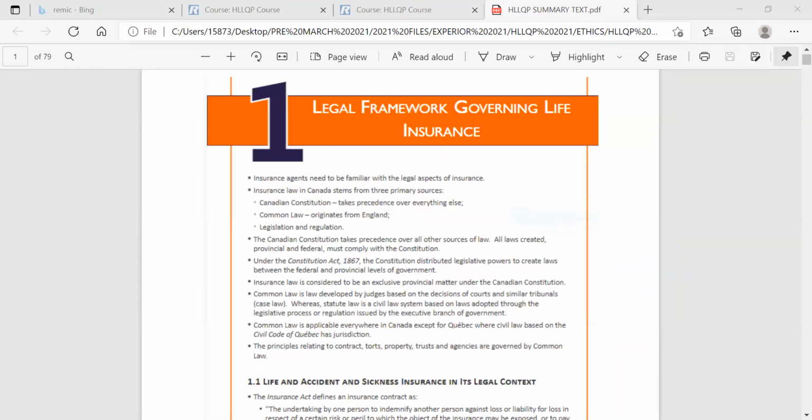Okay, so still talking about the beneficiaries, there's what we call revocable beneficiary and irrevocable beneficiaries. Revocable beneficiary is the situation whereby a beneficiary can be changed at any time.